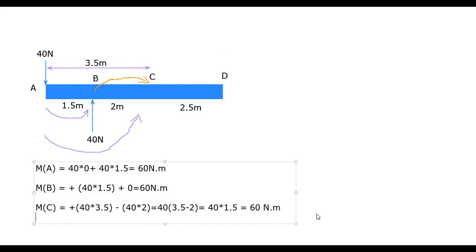again we'll check the moment at the last point, that is at the point D. Okay. So how to check the moment at the point D?